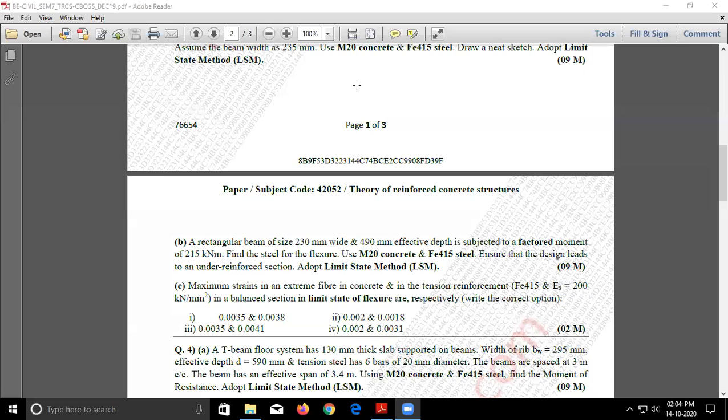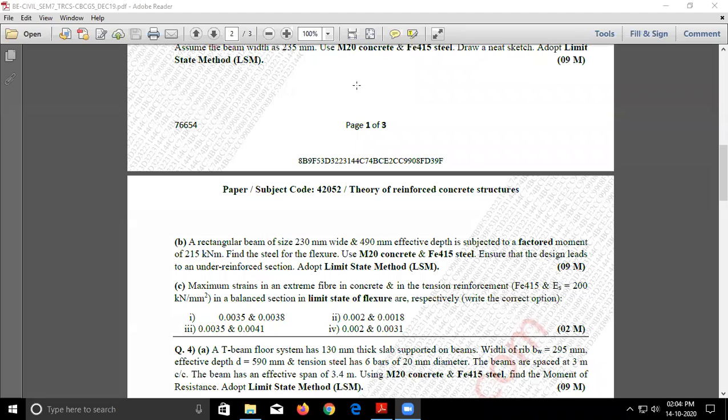A concrete beam has 350 mm breadth and 700 mm effective depth. Design the beam if it is subjected to a superimposed bending moment of 400 kilonewton meter. What are the dimensions? 350 by 700.